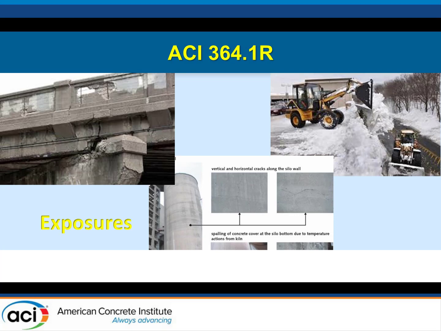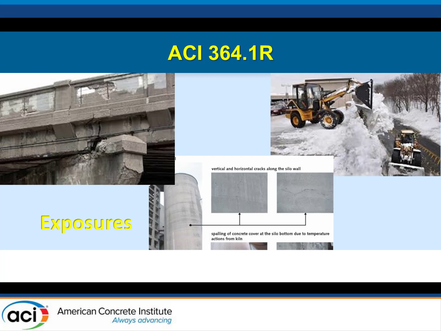On the right-hand side, we all know we're supposed to design concrete structures for snow loads. Sometimes we don't always get the snow loads right, but sometimes getting the snow off of structures is done in unusual ways that, again, it's going to stress a structure in a way that an engineer may not be aware of when they look at strange cracking patterns in a structure.